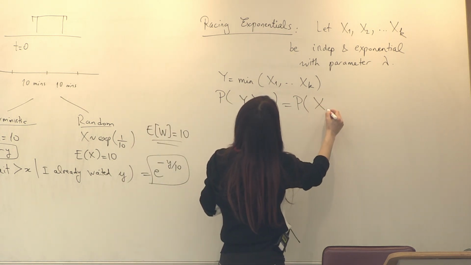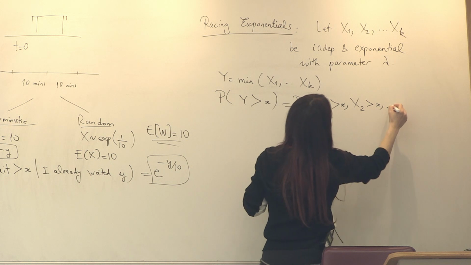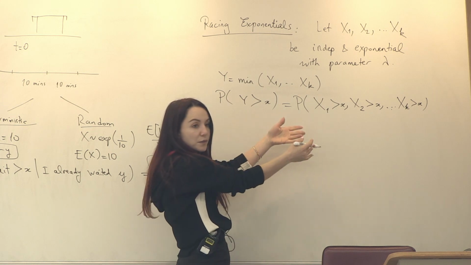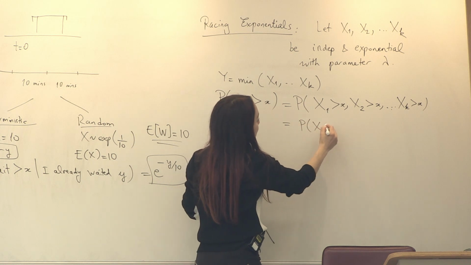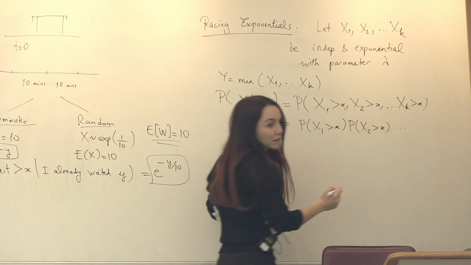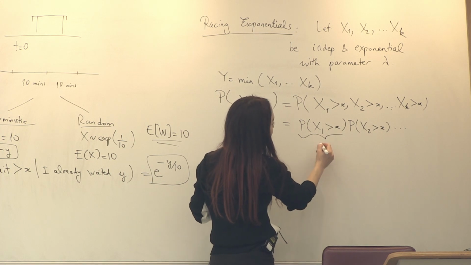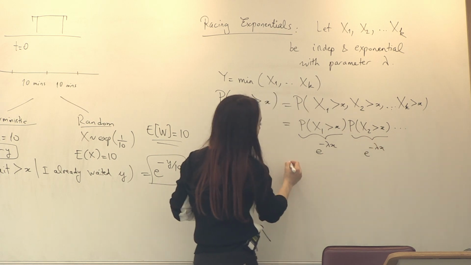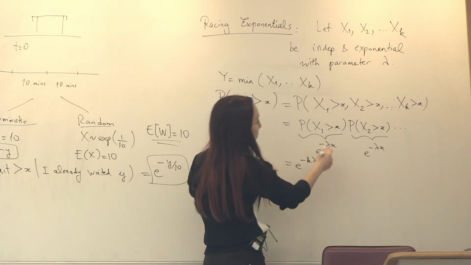So x1 must be larger than x, x2 must be larger than x, xk must be larger than x. But then these random variables are independent, so we can multiply the probabilities. But then each of these probabilities is equal to what? e to the minus lambda x. So we have e to the minus k lambda x because we're multiplying k of these.